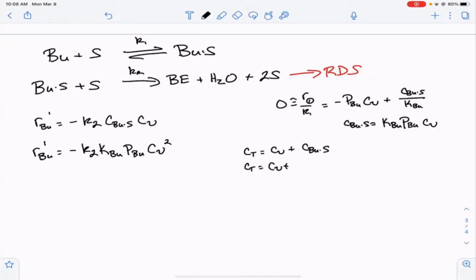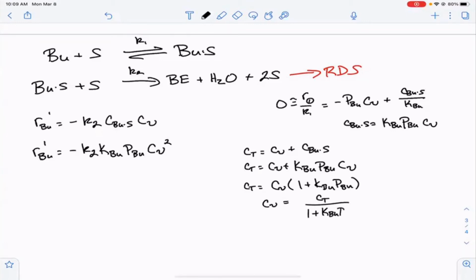So that's equal to Cv plus KBu times PBu times Cv, or Ct equals Cv times 1 plus KBu times PBu. Or finally, Cv just equals Ct divided by 1 plus KBu times PBu.